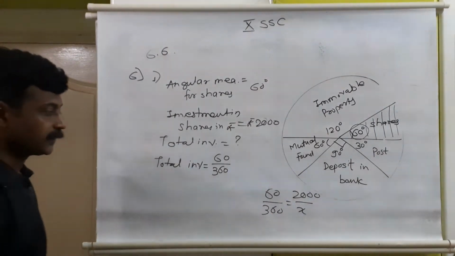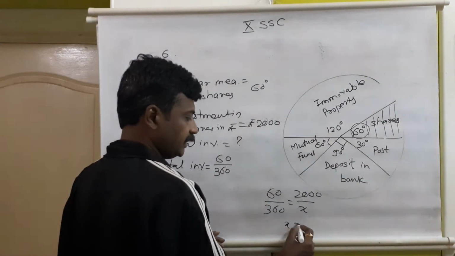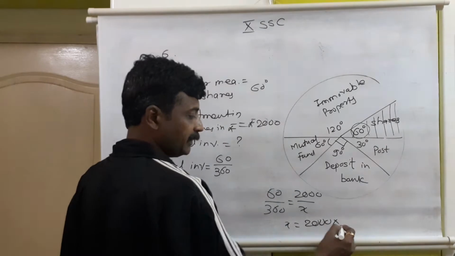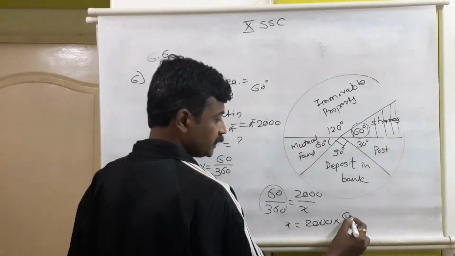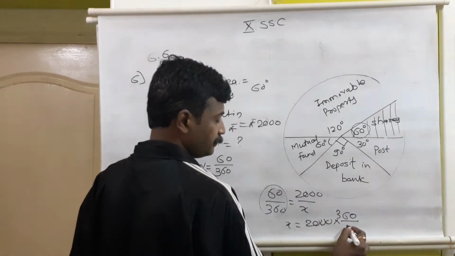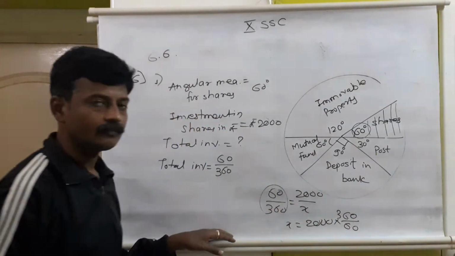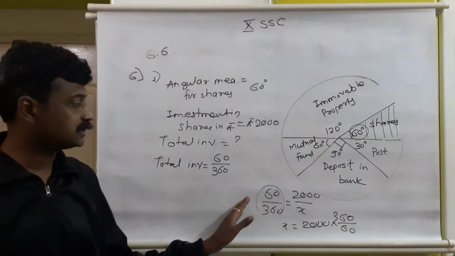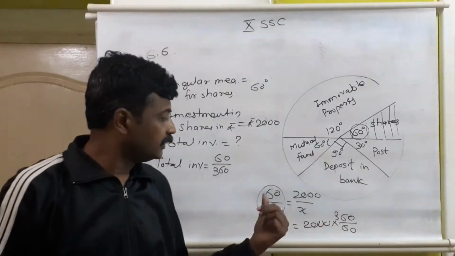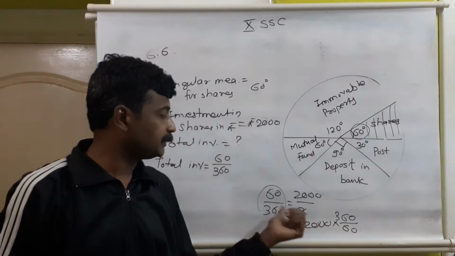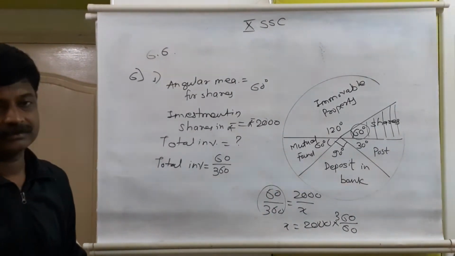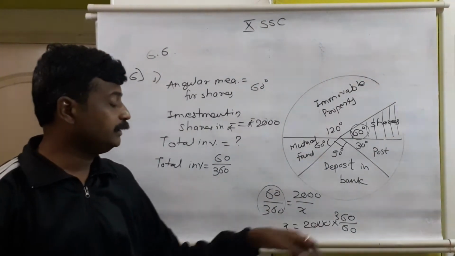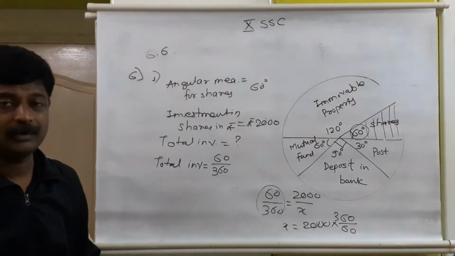So X will be equal to 2000 as it is, and 60 upon 360 will go to the other side as 360 upon 60. Dividing by that means multiplying by its reciprocal. So the total investment we will get is 2000 into 360 upon 60.